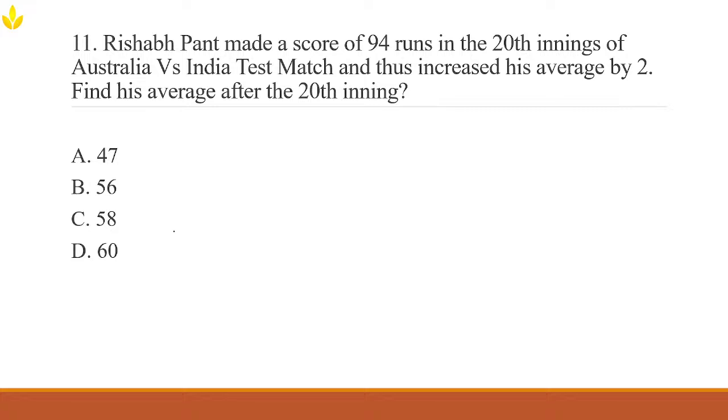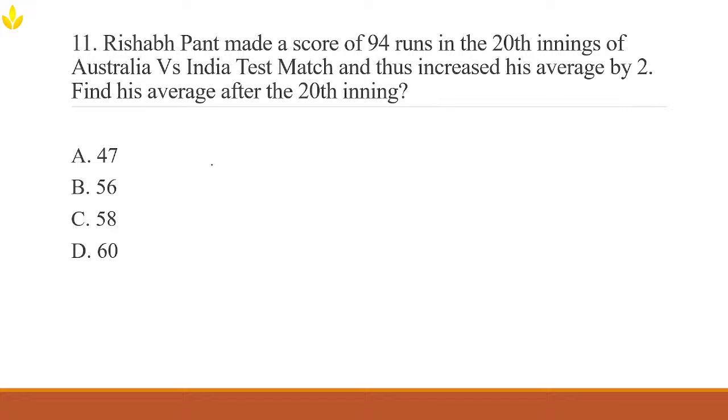The next question. Rishabh Pant made a score of 94 runs in the 20th innings of the Australia versus India Test match and thus increased his average by 2. Find his average after the 20th innings.